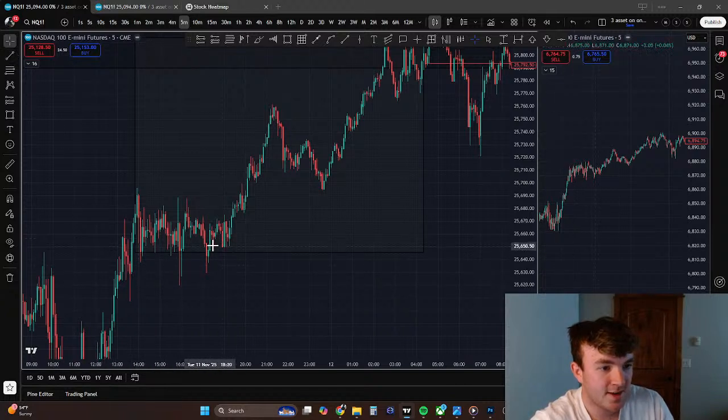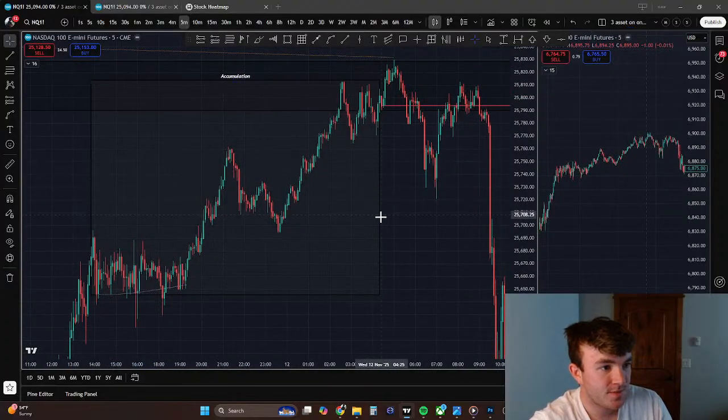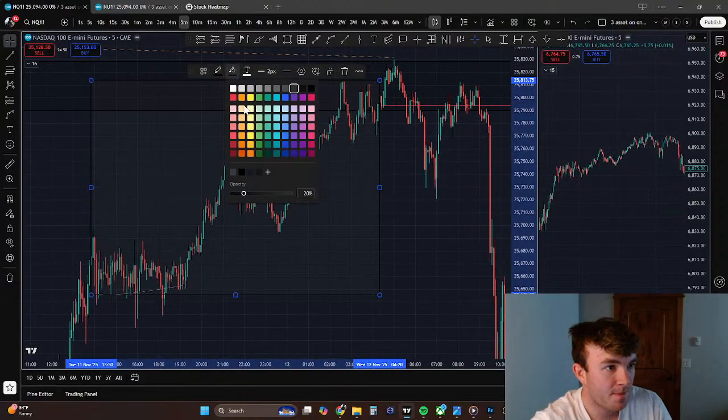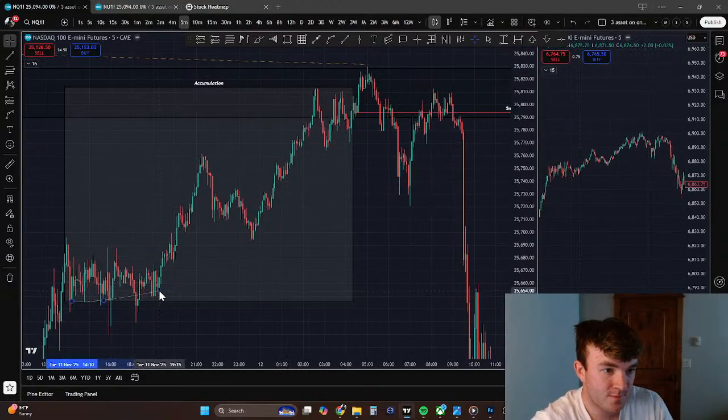I think I talked about this right in the morning, right when I got on stream, and how I wanted to target that, and then I didn't get an entry. But I knew that this market was going to want to come back here. So accumulation, really nice chunk of LRLR here. So this is a great draw on liquidity.